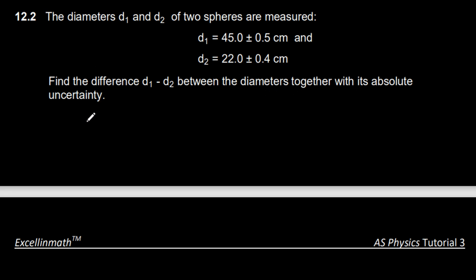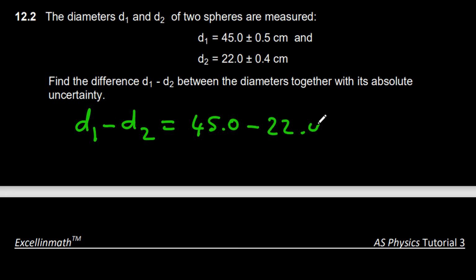So let's first find the difference D1 minus D2. So that's simply going to be 45.0 minus 22.0. And this, of course, is 23.0 centimeters.